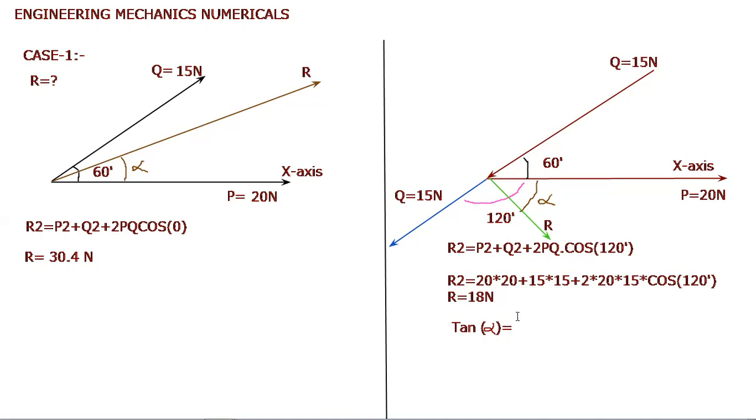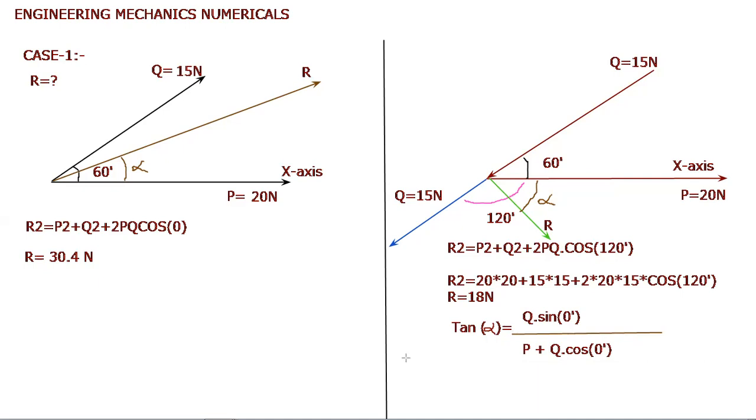That is, tan of alpha is equal to Q sin theta divided by P plus Q cos of theta. So this is the formula that we are going to use in both the cases.